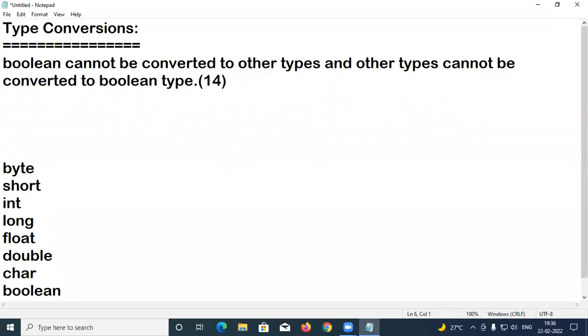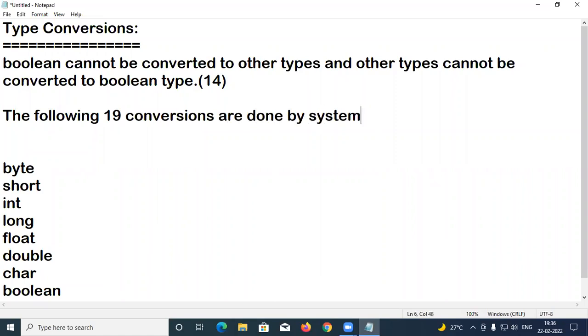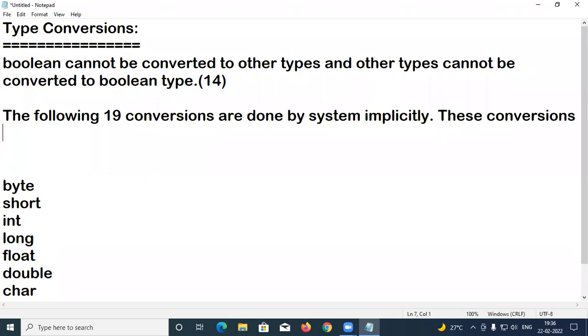Now, next write it. The following 19 conversions are done by the system implicitly. These conversions are called widening conversions.